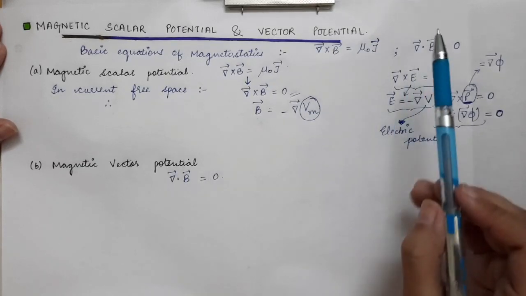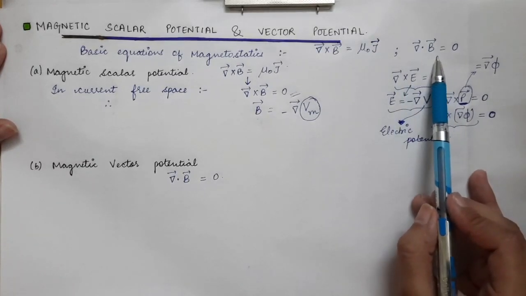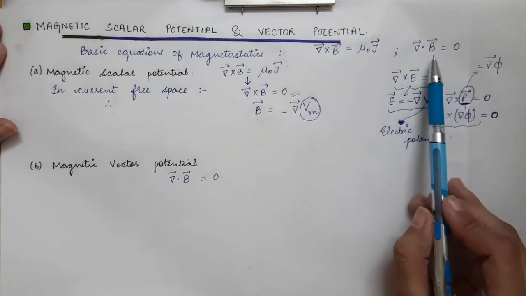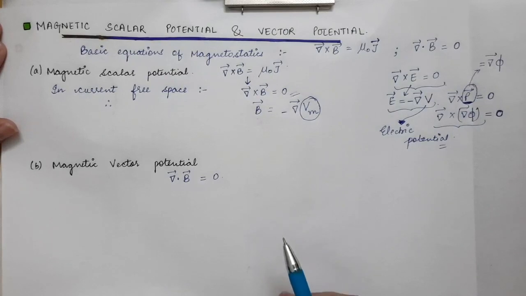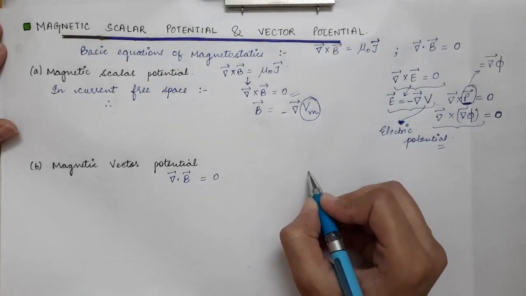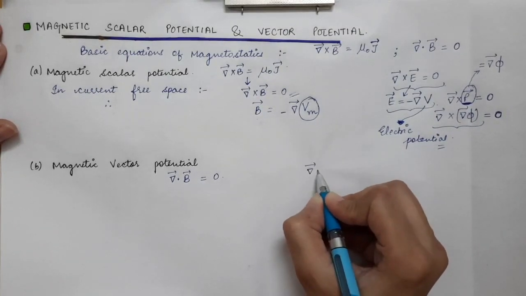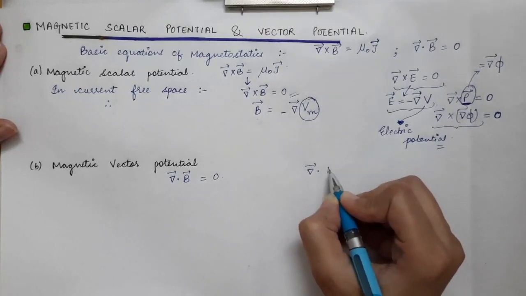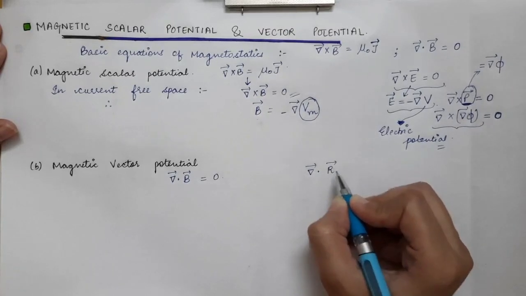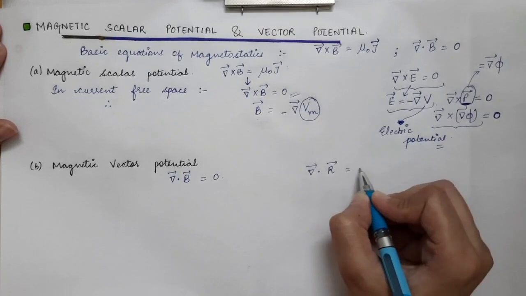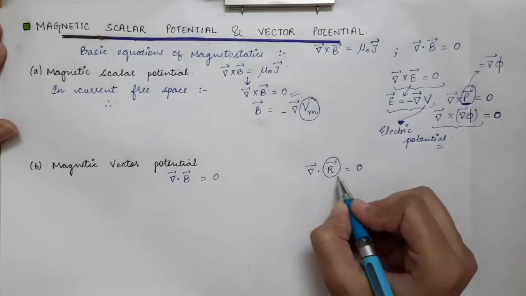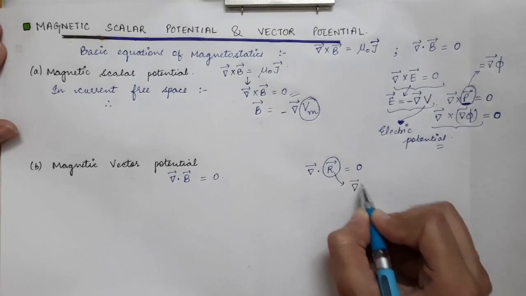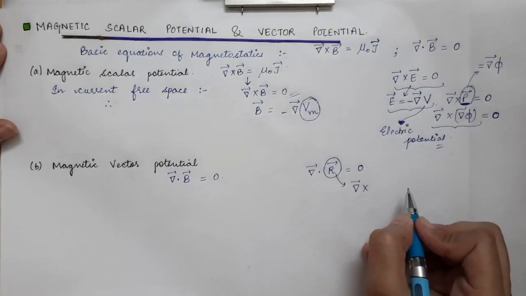For that we will be using the second equation of magnetostatics, that is, the divergence of the magnetic field is equal to 0. And we are going to use the fact that if the divergence of any vector field, let's say the r vector, is equal to 0, then this vector field can be written as the curl of some other vector field.